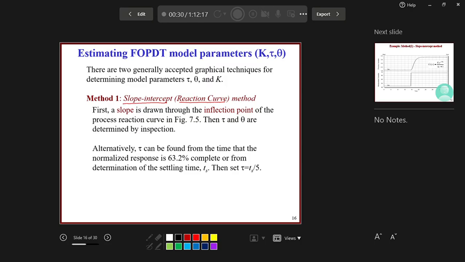This is one way. The other way is to find tau by the time that the process takes to reach 63.2% of its final value at the settling time. So we will implement both methods and see how we can do this on real data.